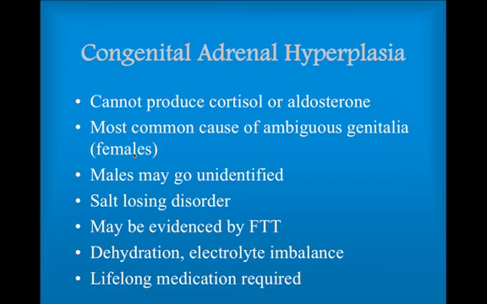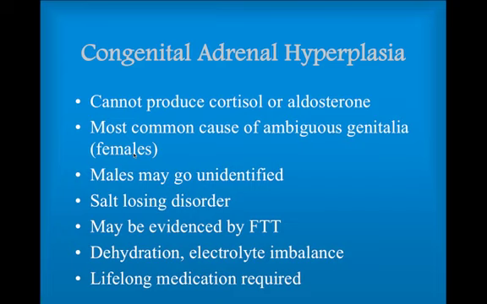So we already said they cannot produce adequate amounts of cortisol or aldosterone, and it is the most common cause of ambiguous genitalia. Males often go unidentified. So the bad part is, for the boys, they don't have any problem with their genitalia, but they may not be identified, so then they have this salt-losing disorder, and they can go into a kind of adrenal crisis when they are stressed because they were not identified.